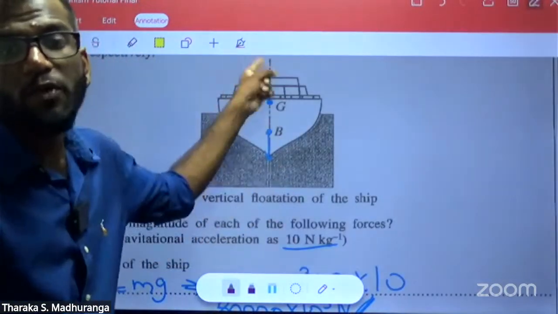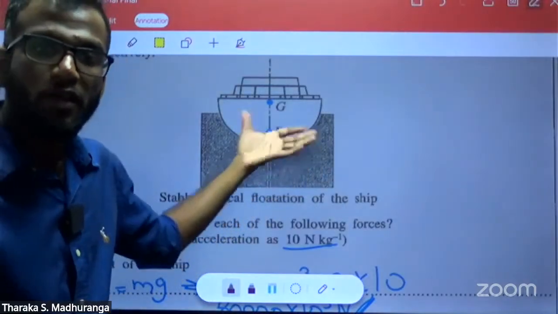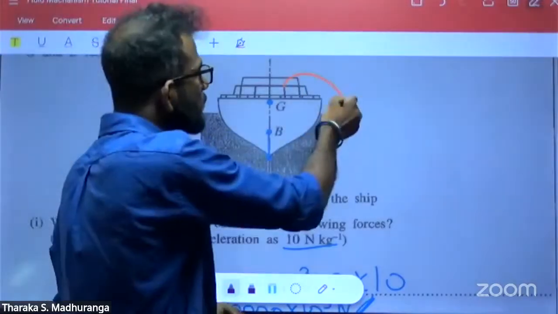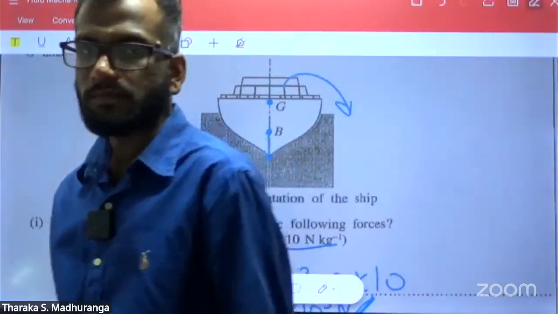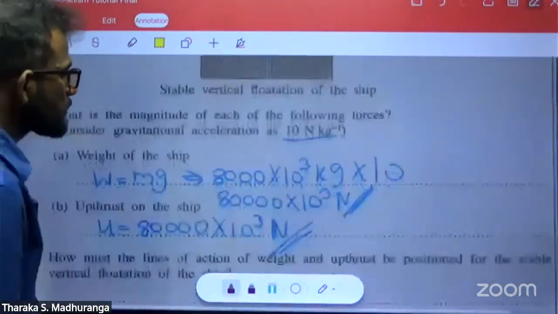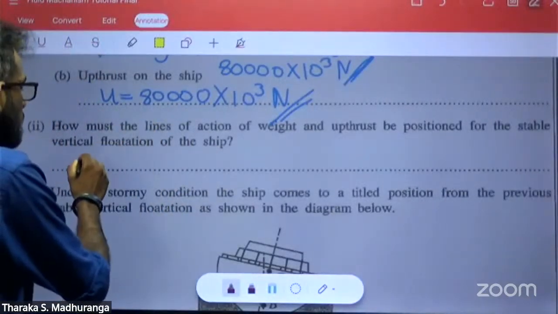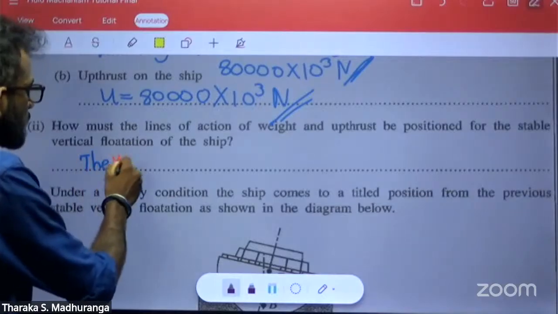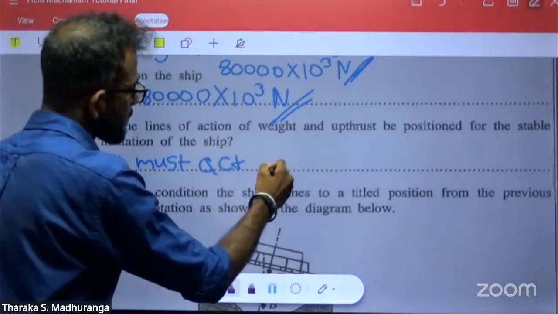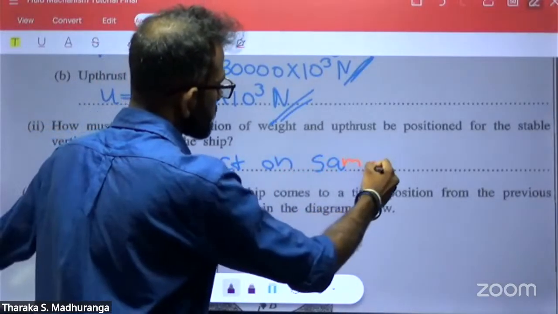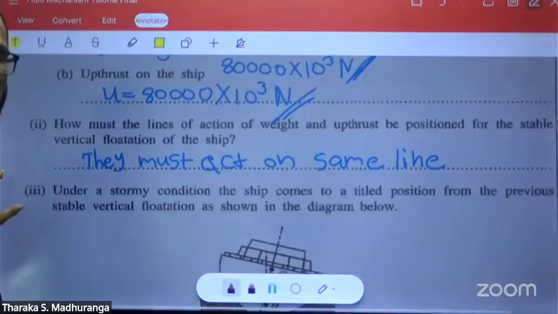Now the gravitational point is up, therefore it is dangerous. If there is any disturbance, it will rotate. So the answer is they must act on the same line. If there are different lines, it rotates.